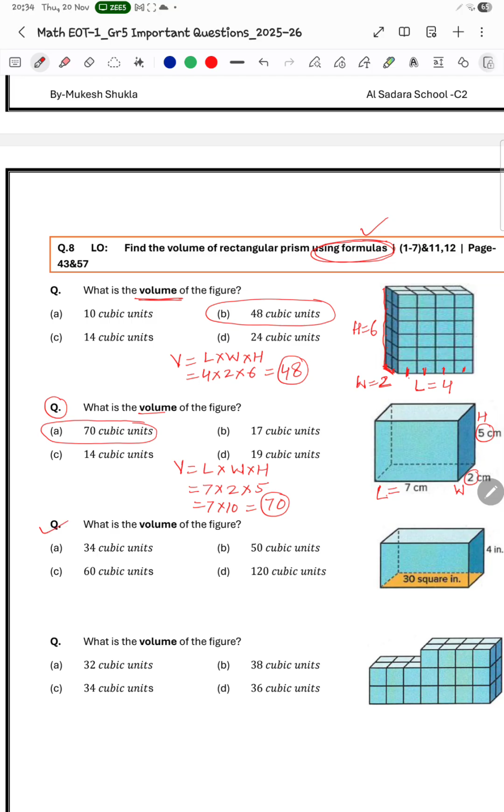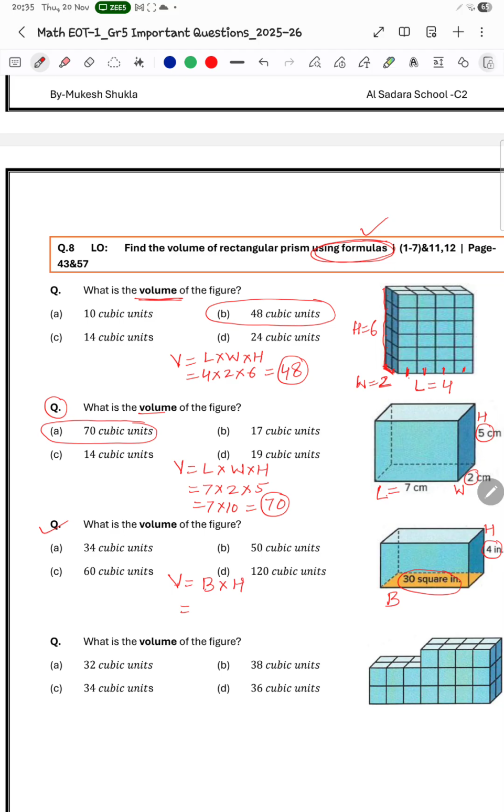Now in the next question, we have been given the base area B and the height H, as you can see here. So I told you before in the FRQ questions that there is another formula to find the volume, which is V equals base area times height.